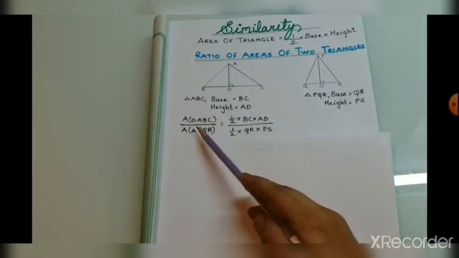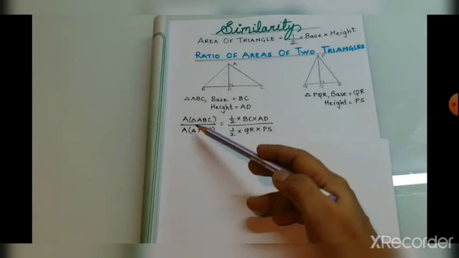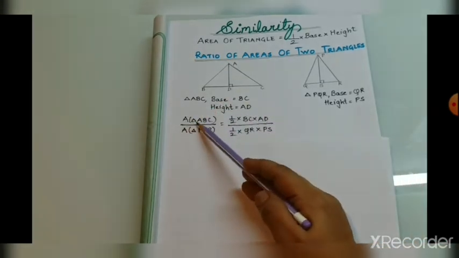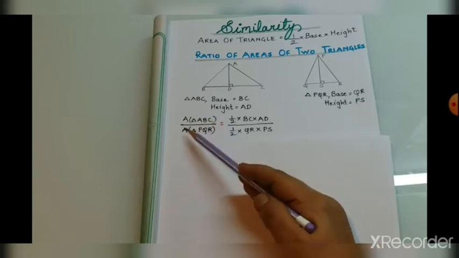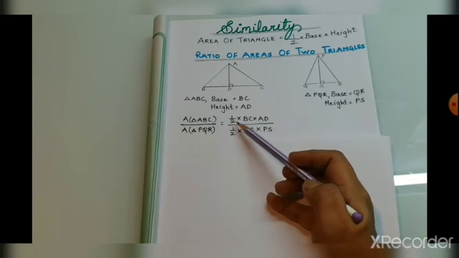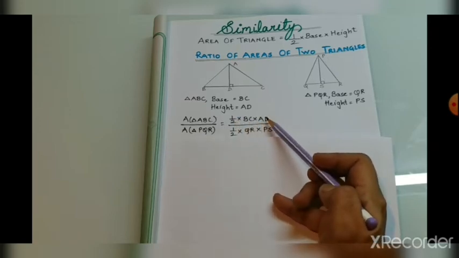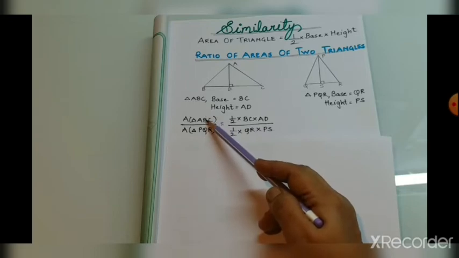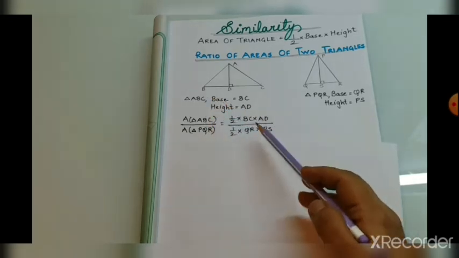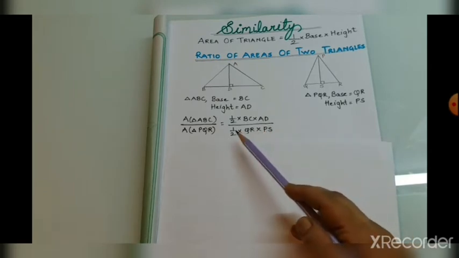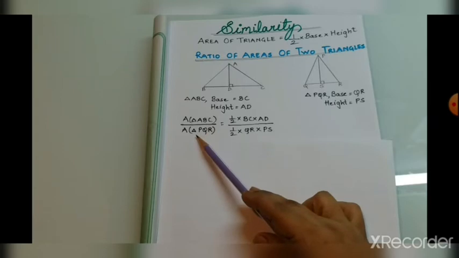Now when we take the ratio of their areas, we will also take the ratio of their formulas. So area of triangle ABC upon area of triangle PQR is equal to half into BC into AD, which is the formula for triangle ABC, and half into QR into PS, which is the formula for triangle PQR.